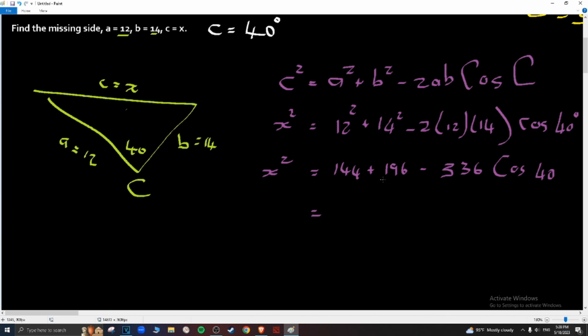Well, I can add these two values together. When I add 144 plus 196, that gives me 340 minus 336 cosine 40 is equal to x squared. Let me just double check something. 14 times 14 is 196.